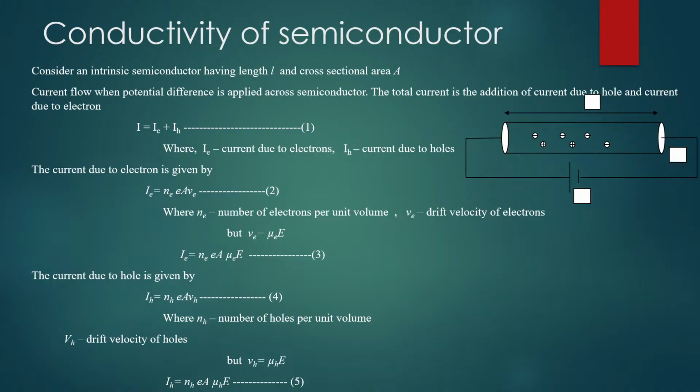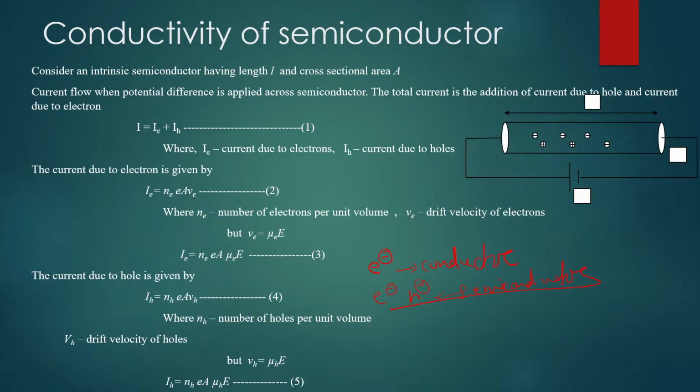But there is a small change, because in the conductor only electrons are present, while in the semiconductor, electrons plus holes, both are present. So that is why the equation will be changed. How will it be changed? As we already did for how we are finding the currents in the equations.